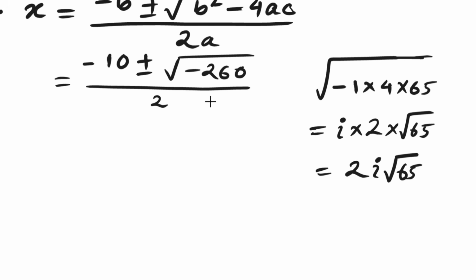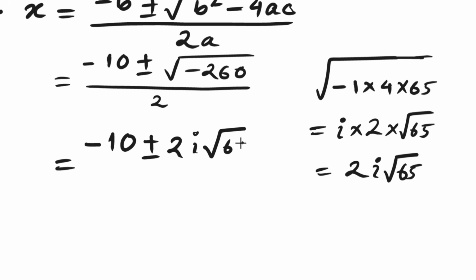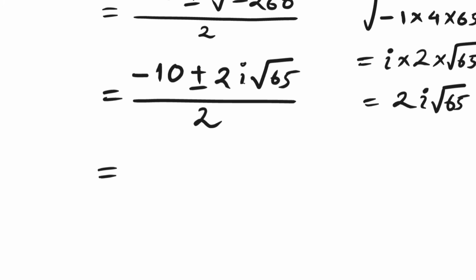Substituting this back into the formula gives x equals negative 10 plus or minus 2i square root of 65, divided by 2. Finally, divide every term in the numerator by 2. Negative 10 divided by 2 is negative 5, and 2 divided by 2 is 1.